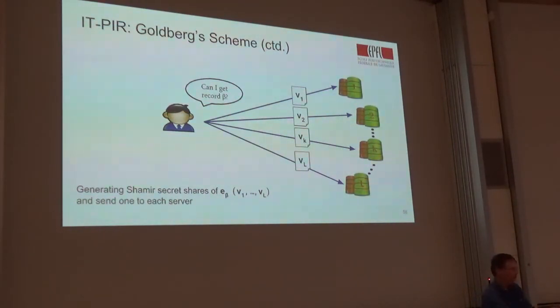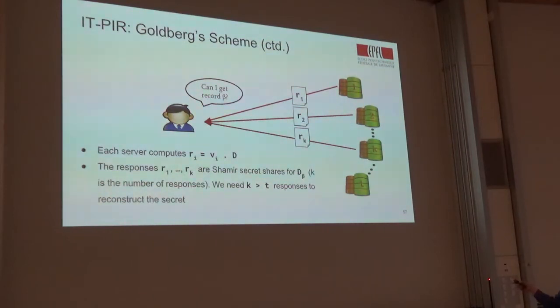So each server, if he looks at the vector, will say, oh, I don't know which one he wants. There are 1s and -1s in multiple places. And only when I retrieve the replies from different servers can I recreate the reply.